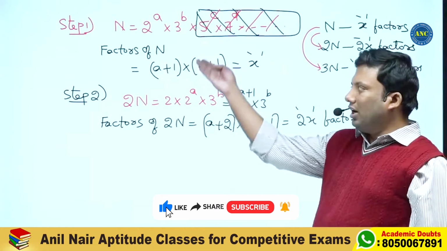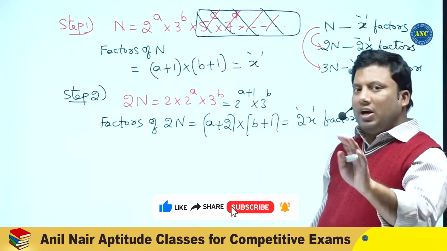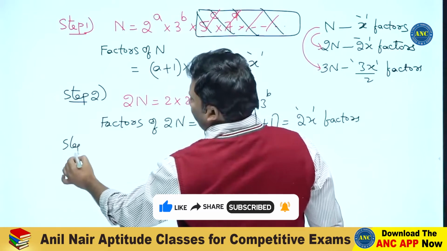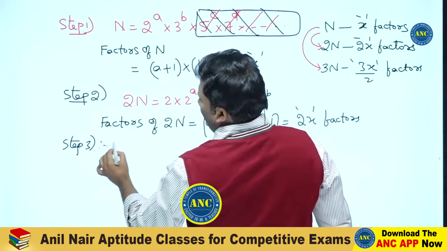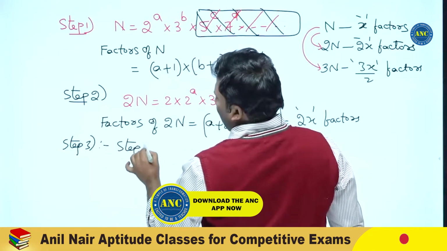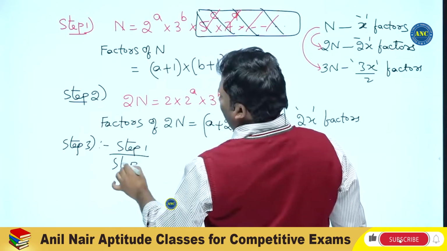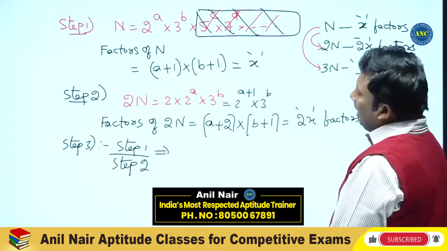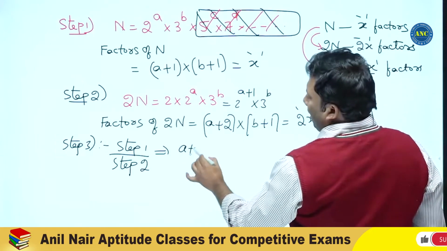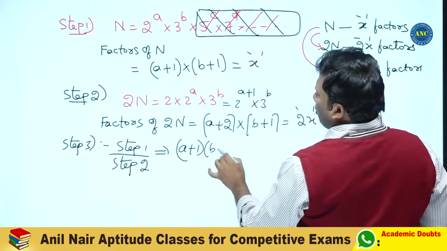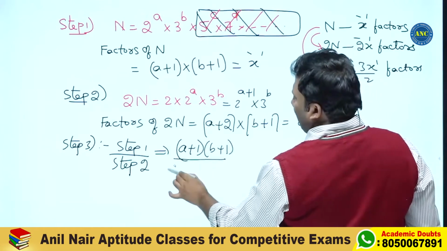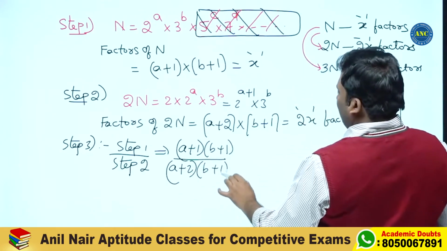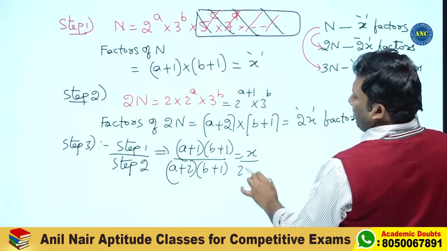Some teachers will tell you to subtract step 2 minus step 1, but it will be complicated. Step number 3: divide step number 1 by step number 2. Somewhere there is a possibility that you will get the value of a or b. So step number 1, a plus 1 into b plus 1, divided by a plus 2 into b plus 1, is equivalent to x by 2x.